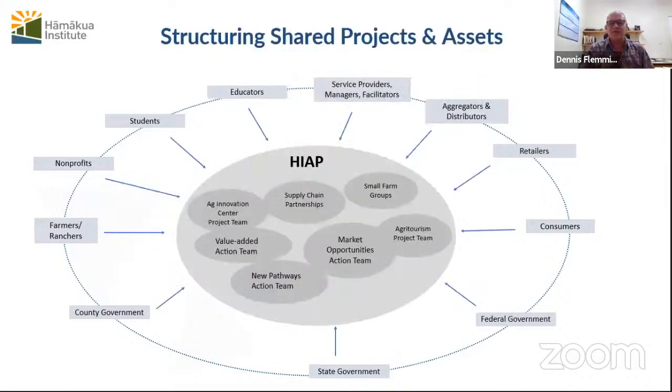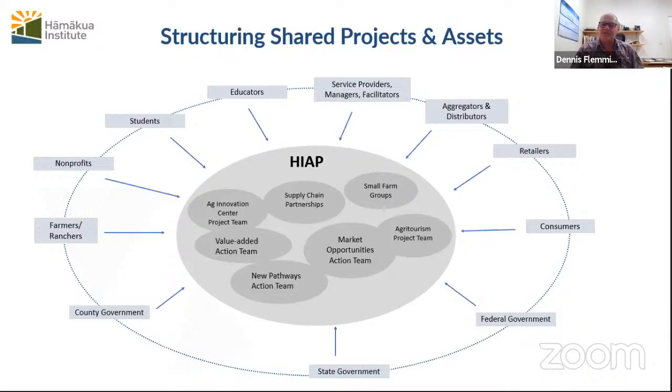So we've started to structure HIAP as a neutral platform where a bunch of these different agricultural groups can group together. And instead of trying to make HIAP into one big unified happy family that does everything together, they have their own groups and teams that can not only form to share projects, but they can actually share assets and contracts and business opportunities by ring fencing their assets and their activities within the HIAP structure.